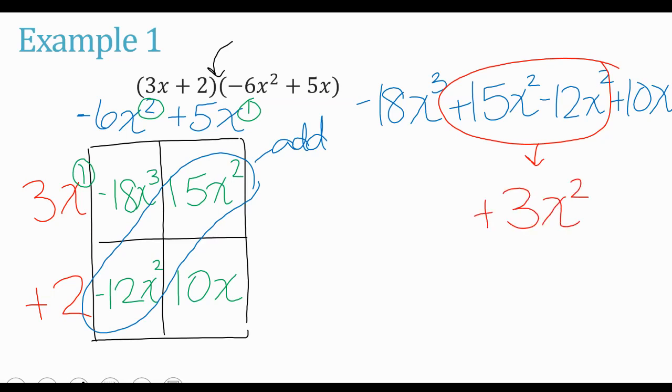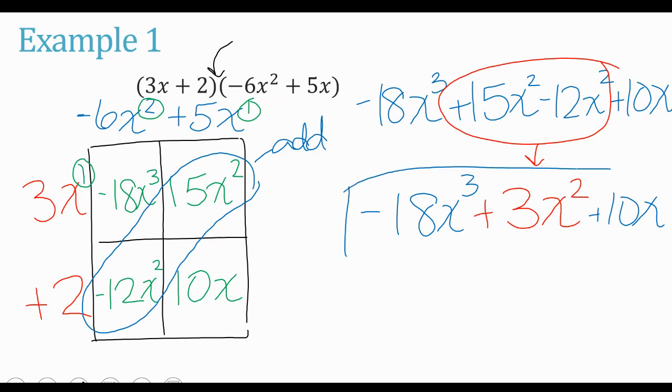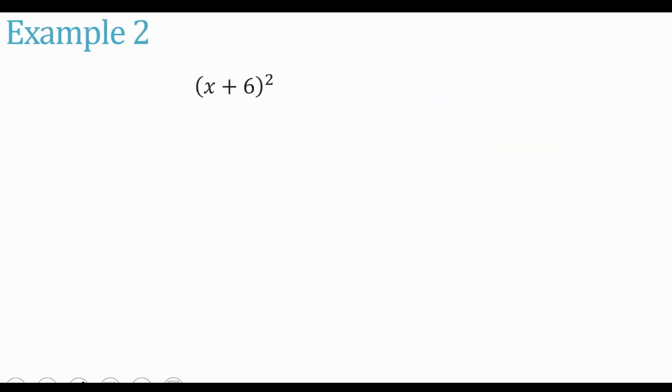Different signs subtract, keep the sign of the larger, and then just bring down whatever you did not use, whatever was not included in that little addition. It's in standard form. We don't have any like terms, so I'm going to box my answer. And let's take a look at one more example.